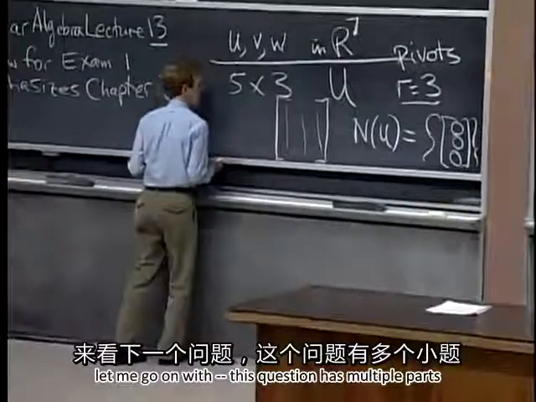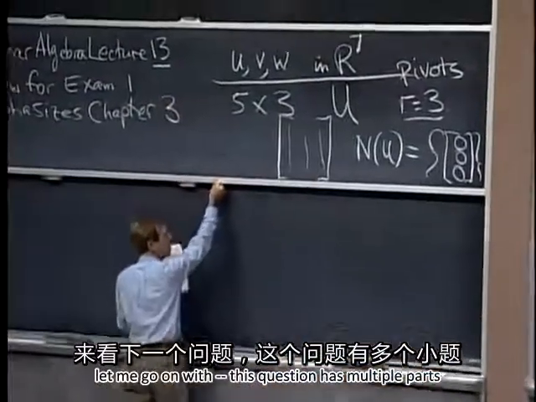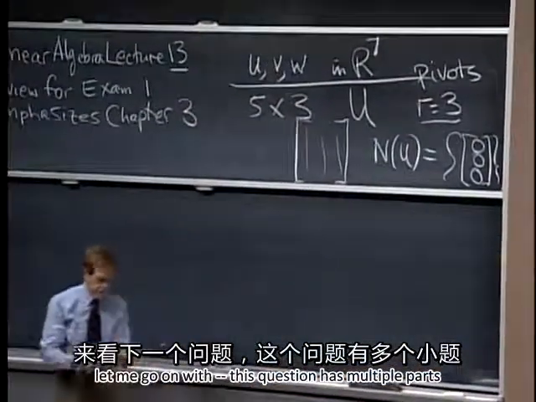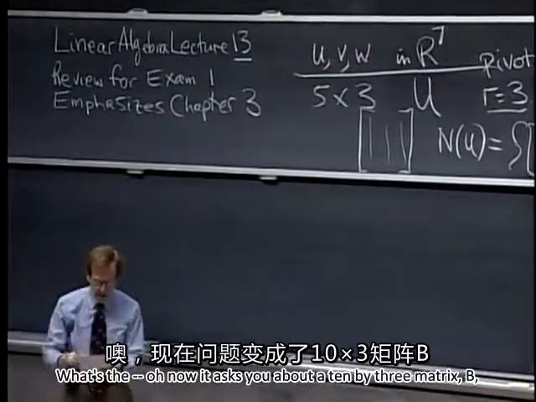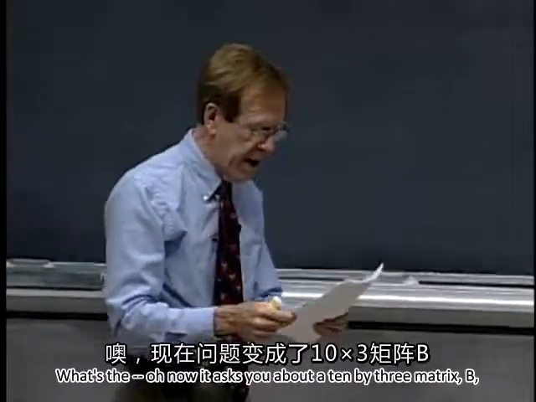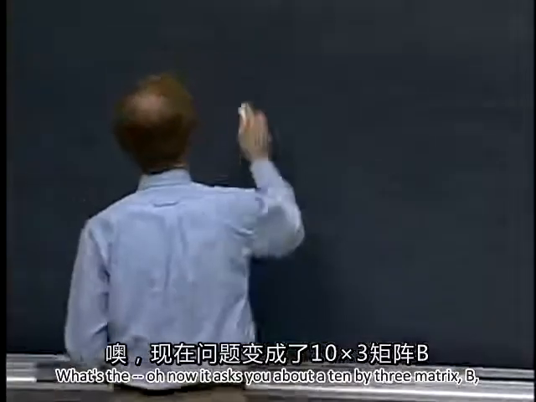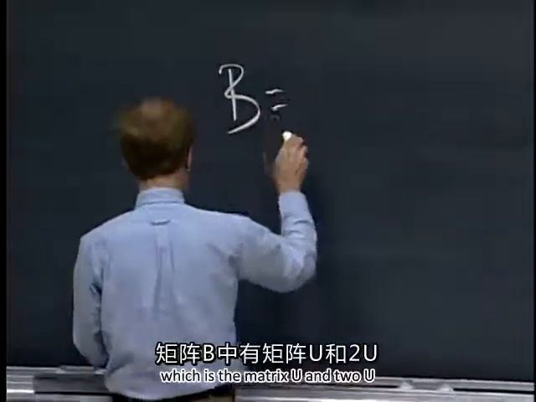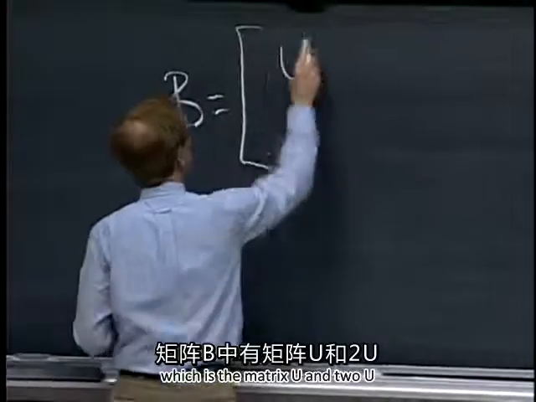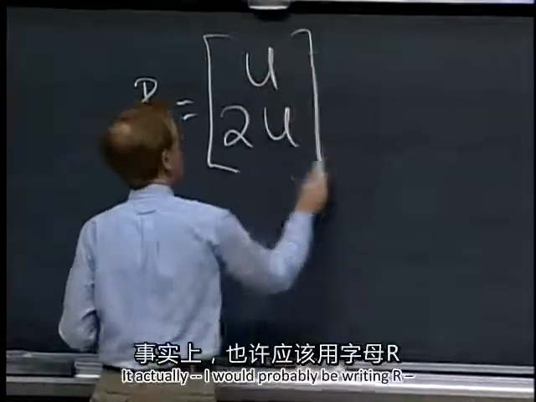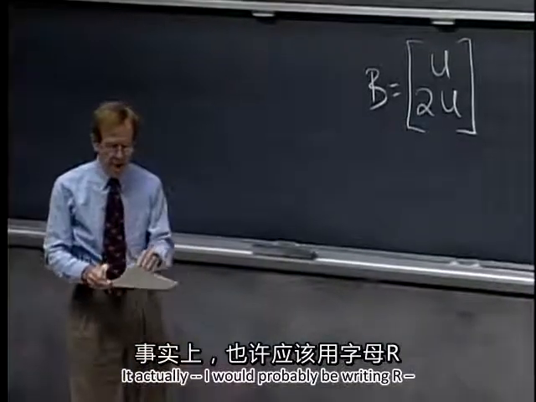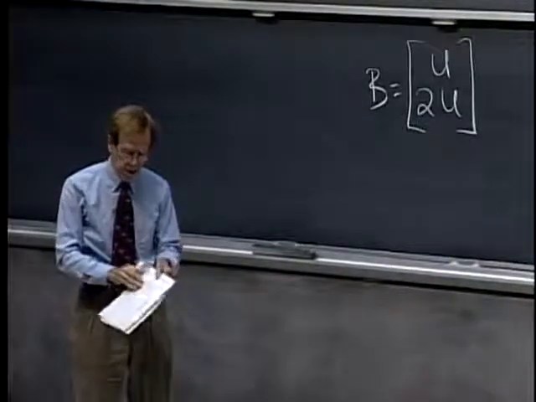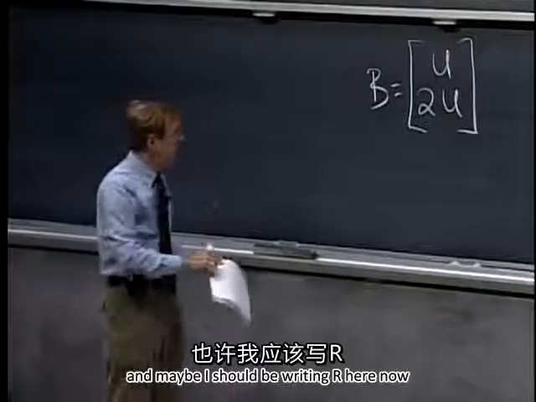All right, let me go on with this question, which has multiple parts. Now it asks you about a 10 by 3 matrix, B, which is the matrix U and 2U. Actually, I would probably be writing R and maybe I should be writing R here now.